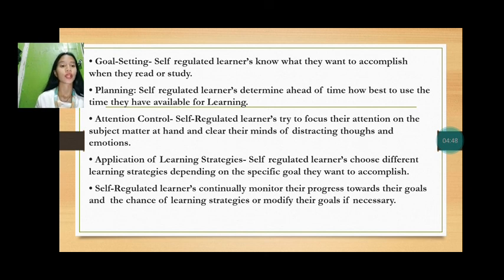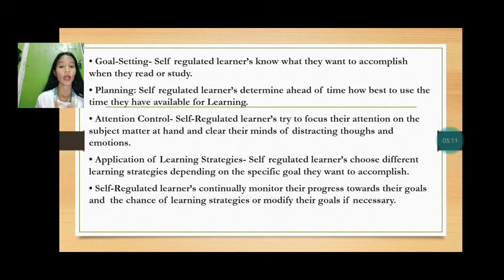Self-regulated learners try to focus their attention on the subject matter at hand and clear their minds of distracting thoughts and emotions. They set aside all the distractions, like emotions or feelings, that can destroy their focus.